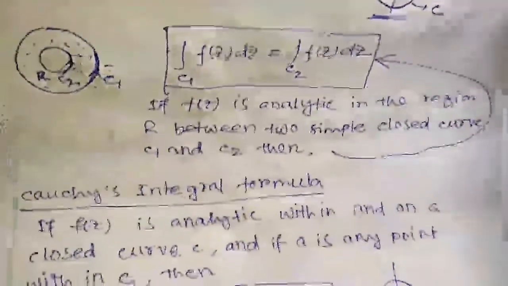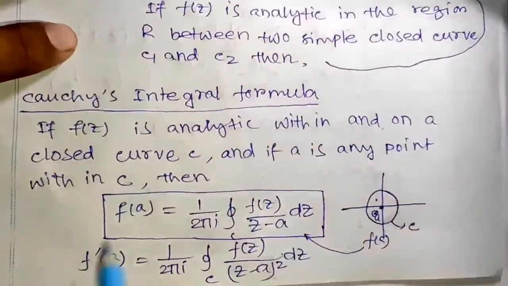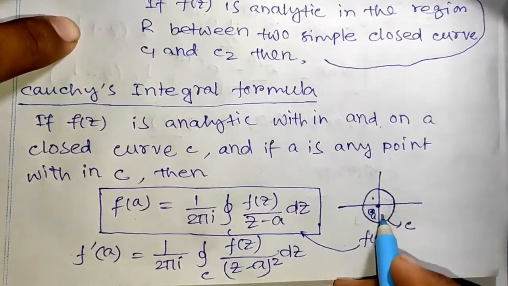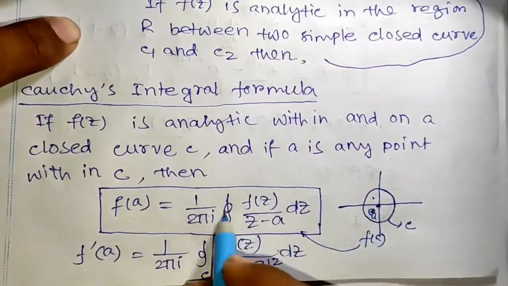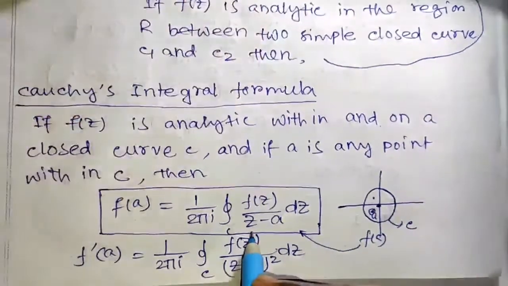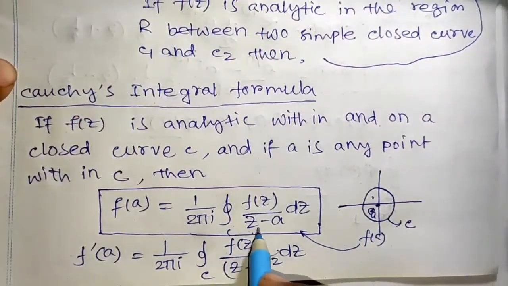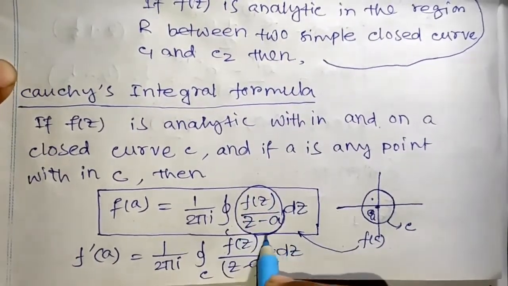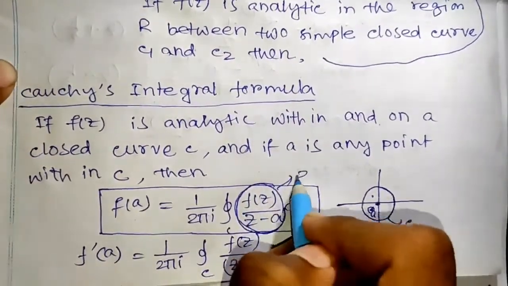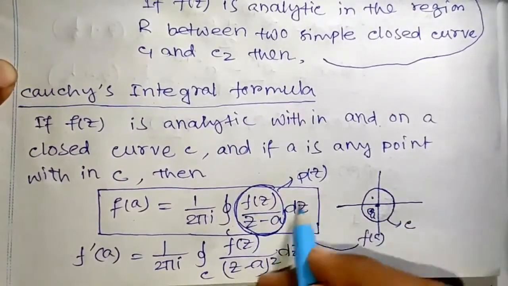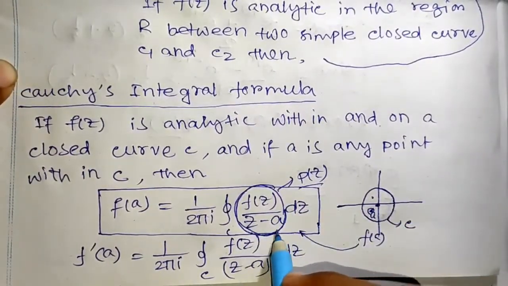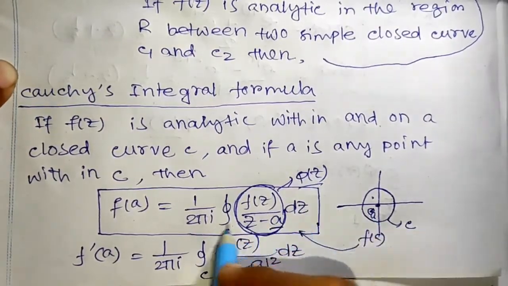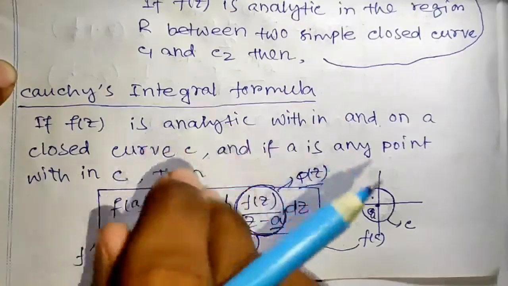It says that if a is any point inside this C and f(z) is analytic, then we can see that φ(z) has a singularity at z equals a. So we use this formula.